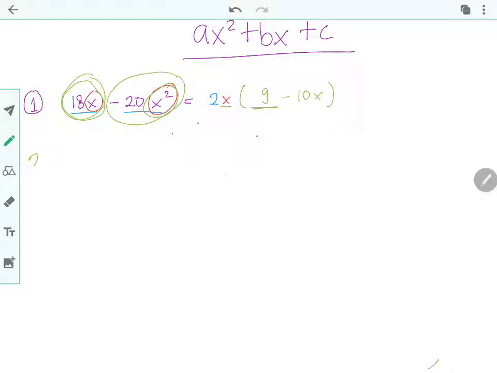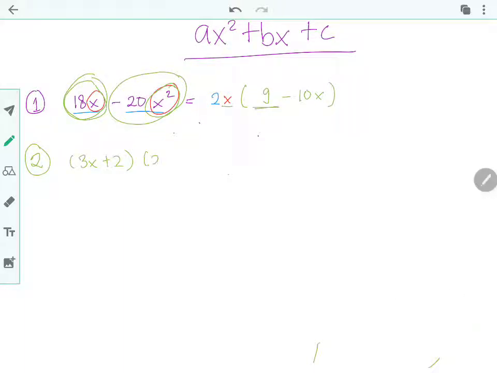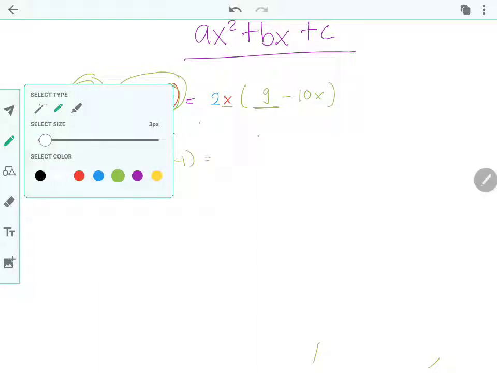The second skill that you need to understand is that 3x plus 2, if you multiply it with 2x minus 1, you can rewrite it into this kind of form. I'm going to show you one by one.